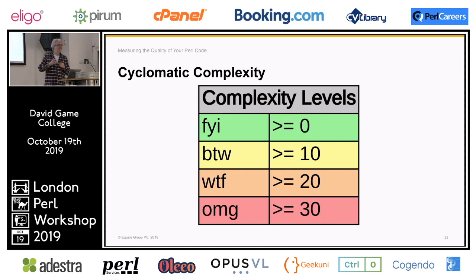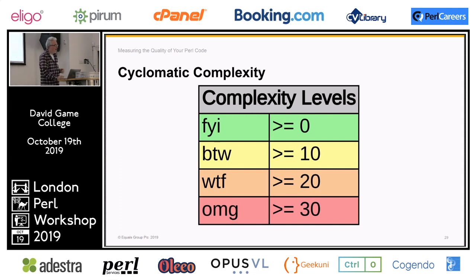So, under 10 is the kind of numbers that you'd love to be seeing. If all of my code was under 10, I'd be very happy. Seeing 10 to 20, it's tapping you on the shoulder saying, by the way, you might want to have a look at this. Over 20, and we're like, WTF.